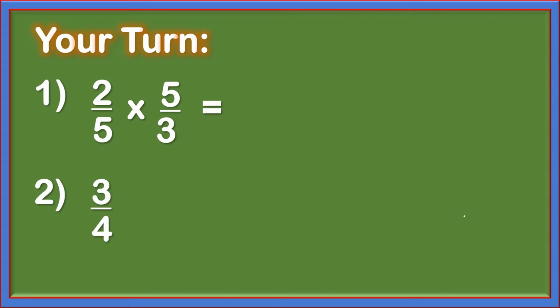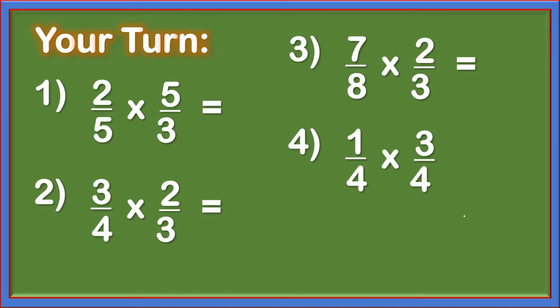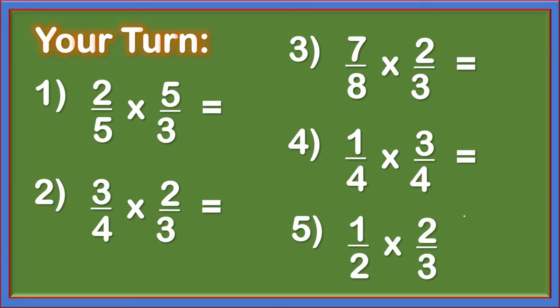For number 2, we have 3/4 times 2/3 equals blank. For number 3, 7 over 8 times 2/3 equals blank din. For number 4, 1/4 times 3/4 equals blank. Then for number 5, 1/2 times 2/3 equals blank.